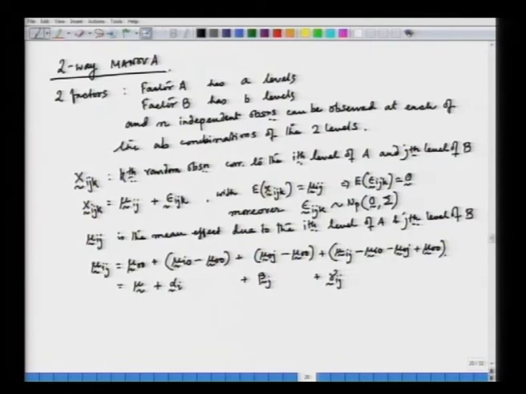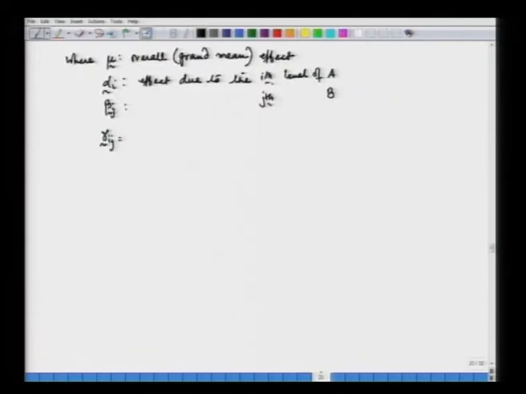So, this we have already introduced as the effect due to the jth level of B, and what is the rest of it? Let us also write it in the parameter form, it will be easier for us. This is mu i naught minus mu naught naught, and then it is mu naught j minus mu naught naught.